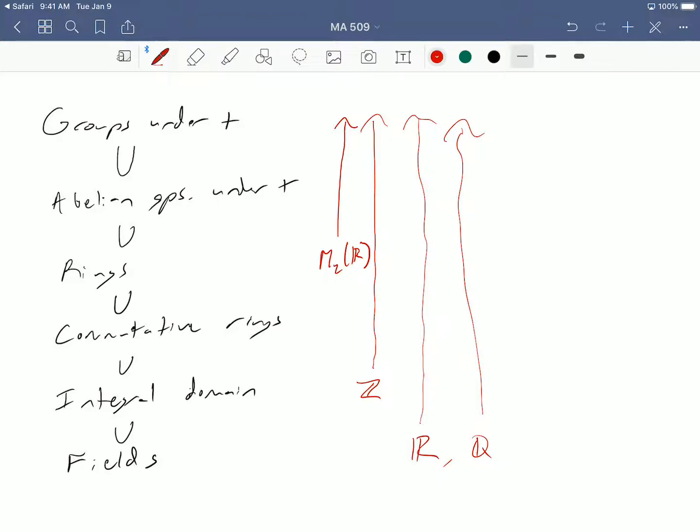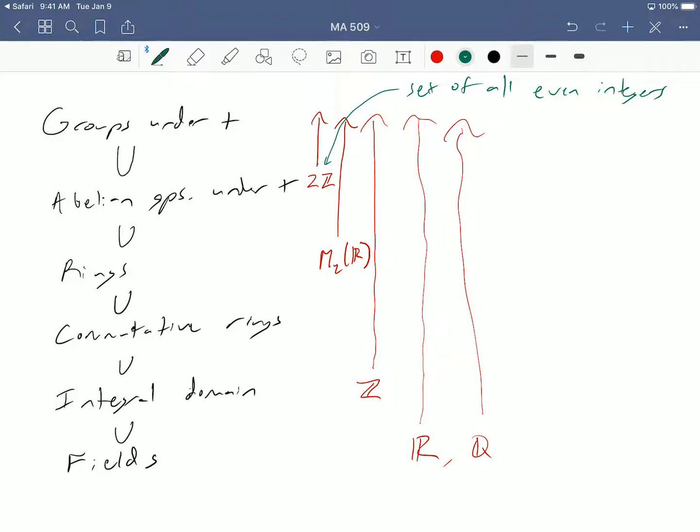Abelian groups under addition and groups under addition. A good example of either one of these is the set of even integers. I should probably make a little note on my notation there, 2Z, that's the set of all even integers. So that's an abelian group under addition. I can add even integers and I get an even integer. It's not a ring the way we've defined ring because it does not have a multiplicative identity. 1 is not in the set of even integers.